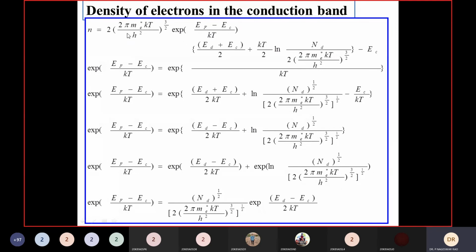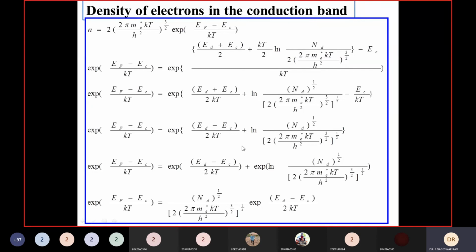In the intrinsic semiconductor, what is the energy density? If you substitute the EF value in this equation, we can get the total number of electrons in the conduction band in the case of an n-type semiconductor. Now I am taking only this term, and instead of EF, I am substituting this EF value.